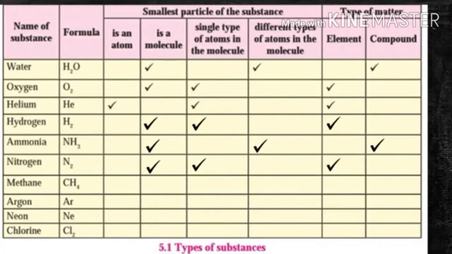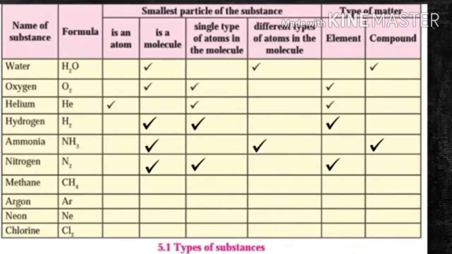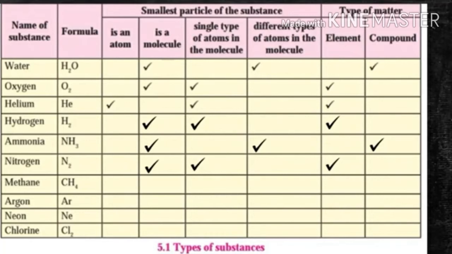Now next example is of nitrogen, N2. So is it an atom? Put dash. Is it a molecule? Yes. Put tick mark because here nitrogen 2 is there. 2 atoms are there. The next single type of atom? Yes. Put tick mark. Different types of atoms? Put dash. Then is it element or compound?